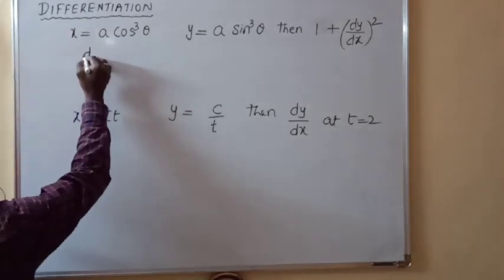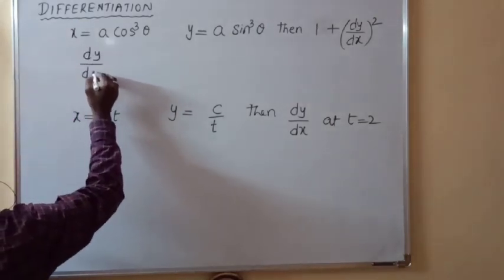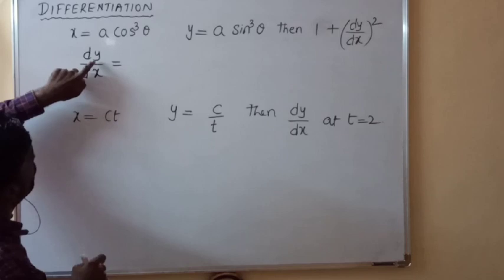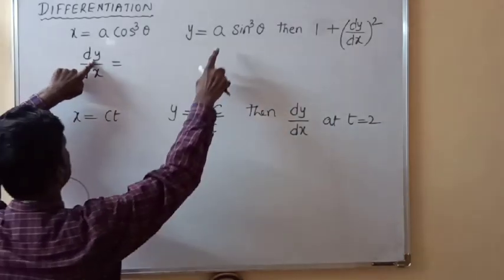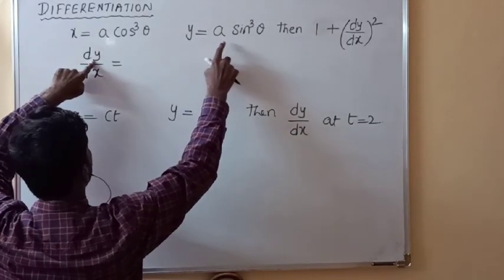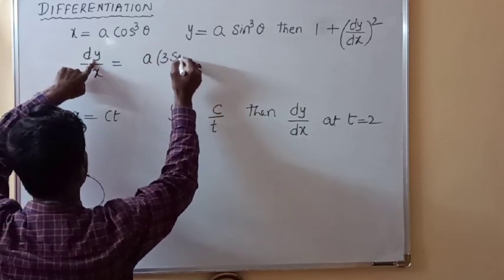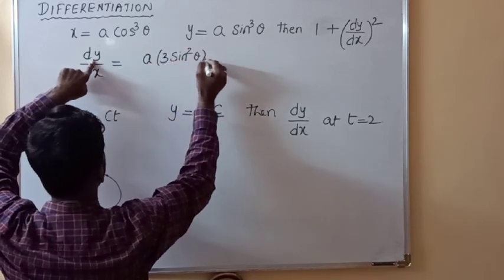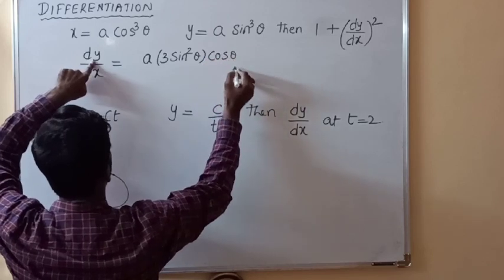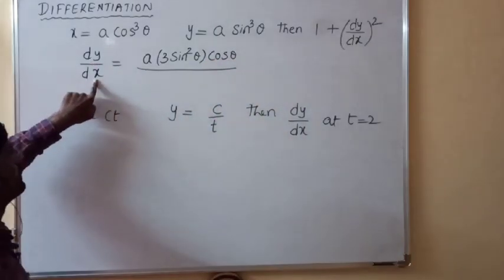So dy by dx is equal to what? Derivative of y with respect to theta. What is the derivative of y with respect to theta? A sin cube derivative, a into 3 sin square theta into cos theta, divided by dx.